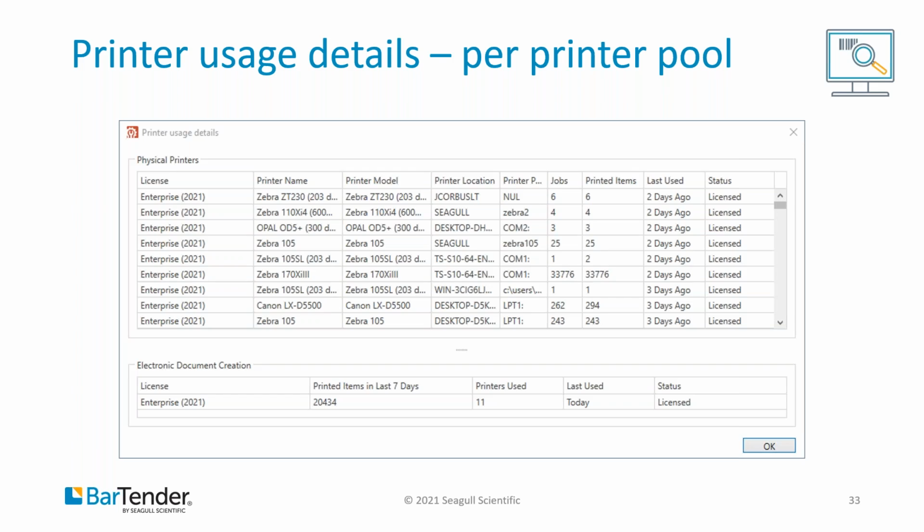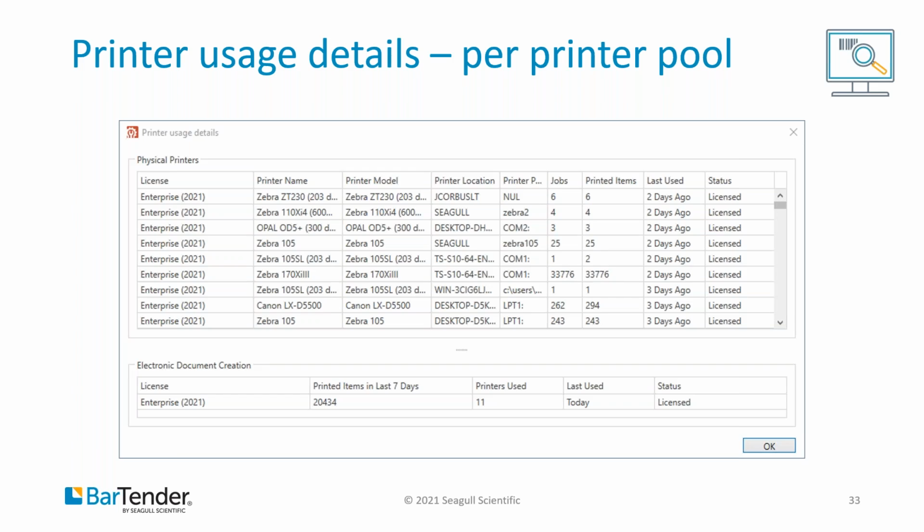So here we can see in the past 7 days, 20,000 and more PDF labels or items were produced, and therefore that consumed a total of 11 printer licenses. So hopefully that gives you an indication of how that works.